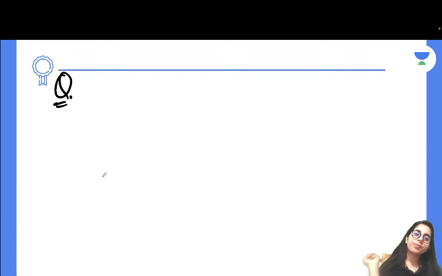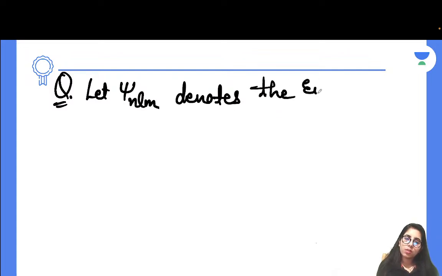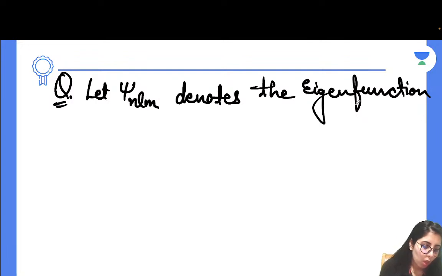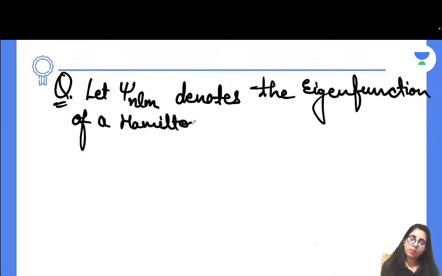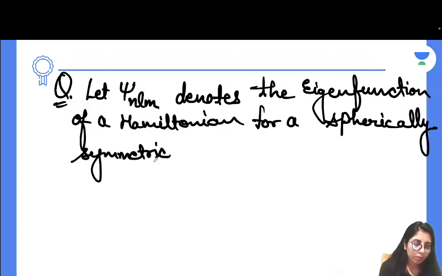Let psi n l m denote the eigenfunctions of a Hamiltonian for a spherically symmetric potential V(r).